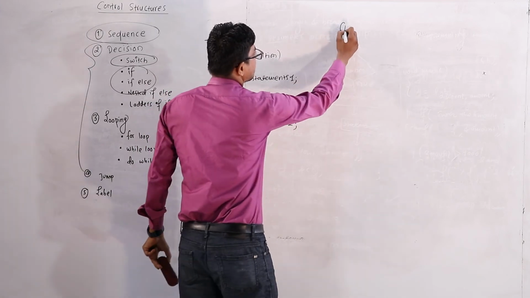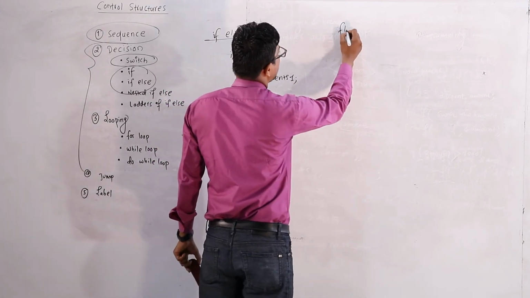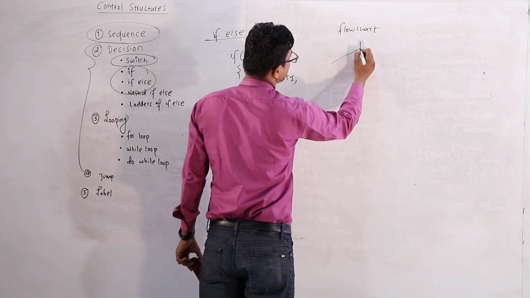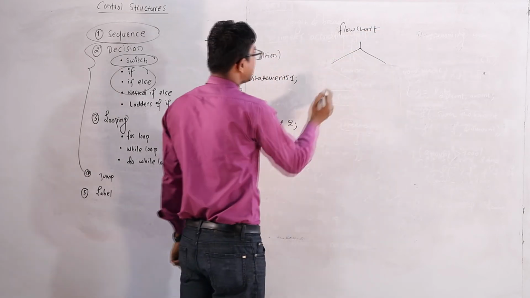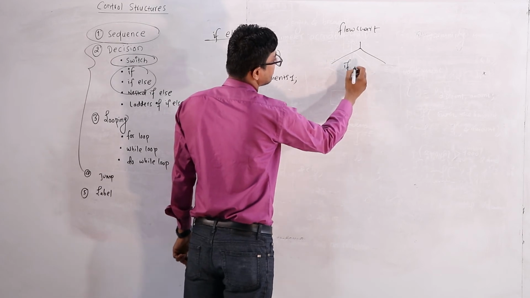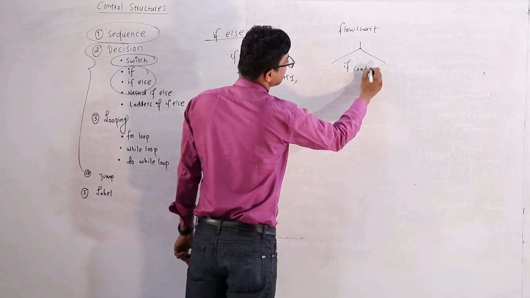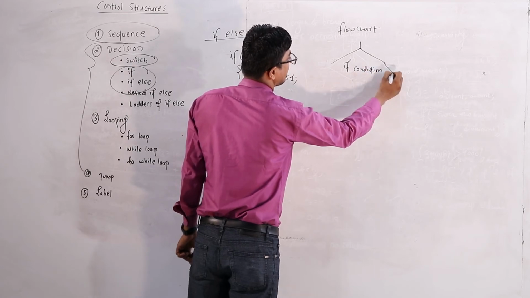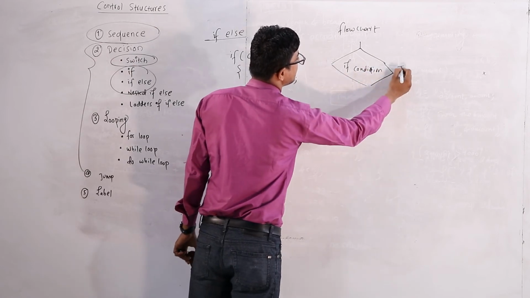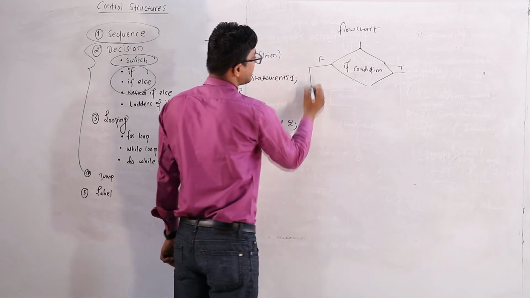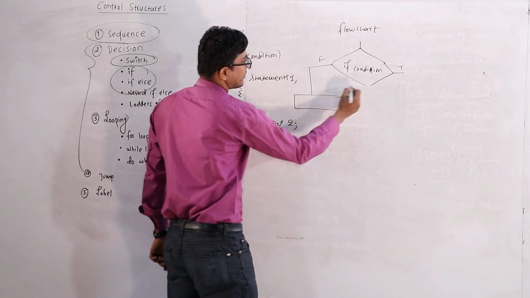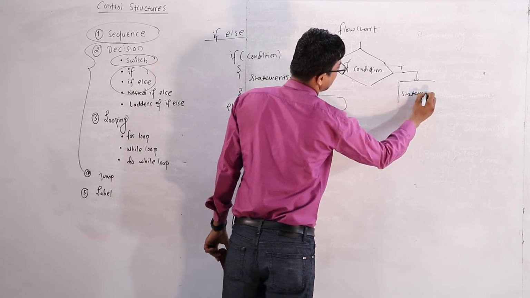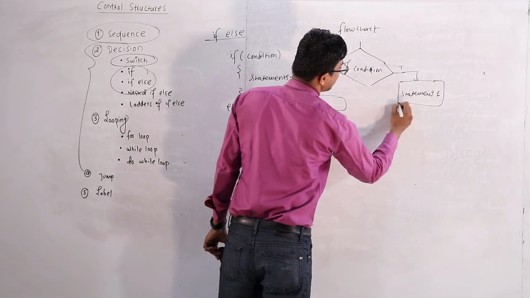Now let's draw a flowchart. This is a very commonly used structure. If condition is true and if condition is false. If condition is true, then statement 1 will be executed.